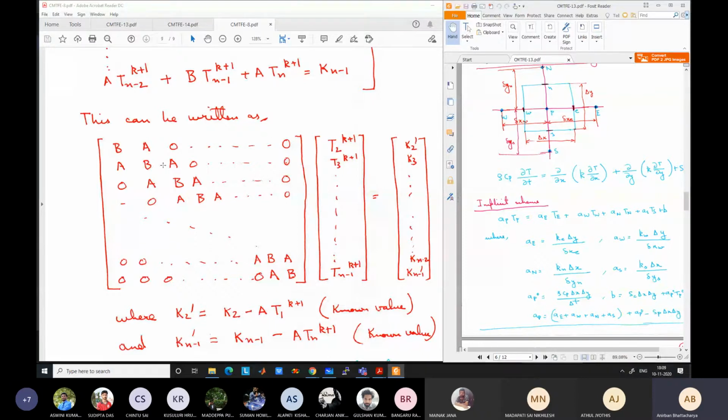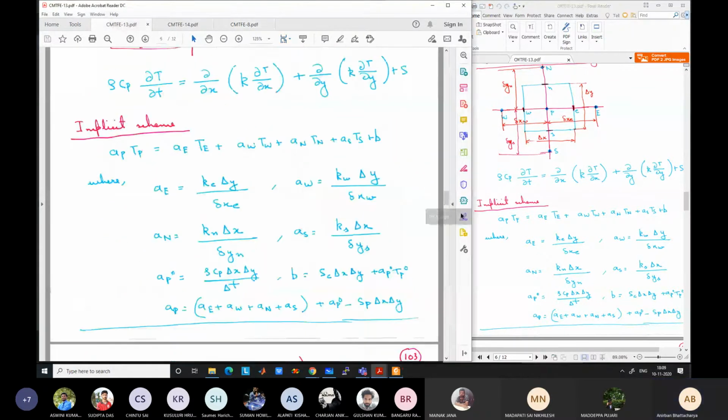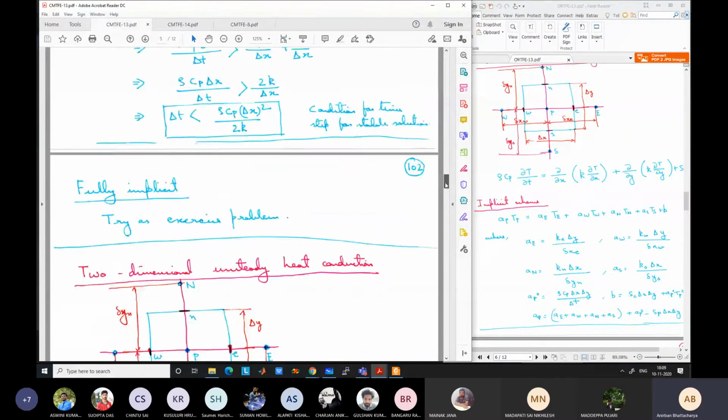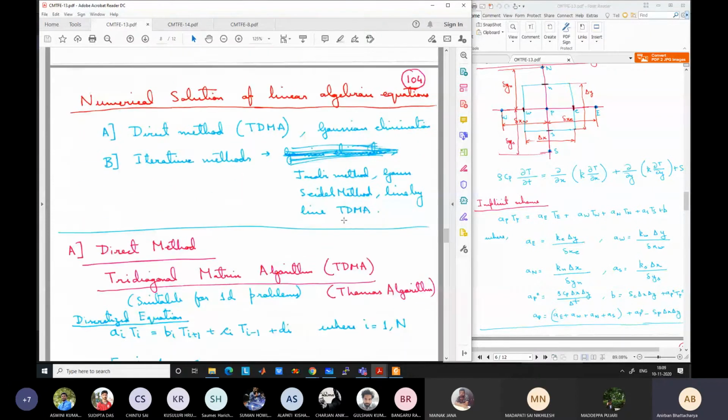Then we need to solve these equations to get the values of the unknowns. Directly we can write this as A T = K, and by matrix inversion we can write T = A inverse K. We will see some proper methods of doing this calculation instead of directly inverting the matrix: what the direct solution algorithms are and what the iterative solution algorithms are.